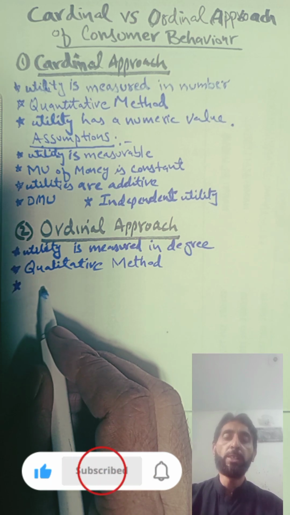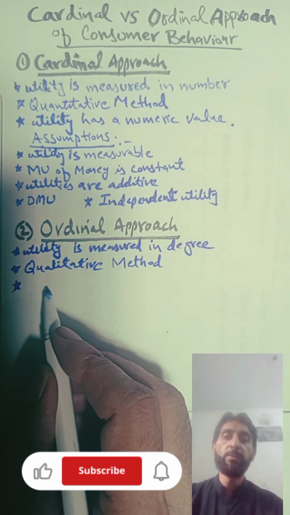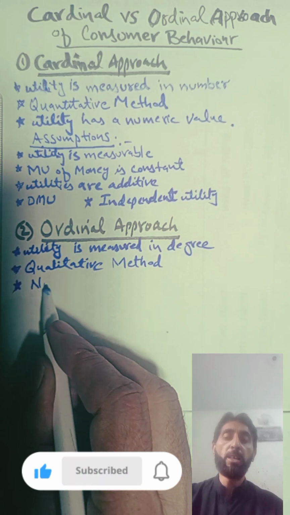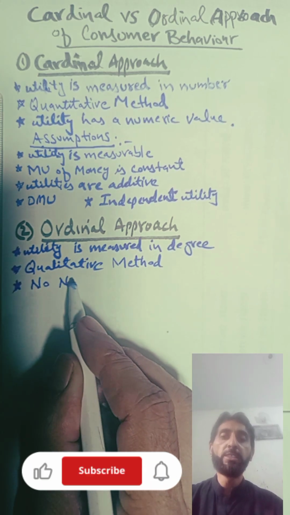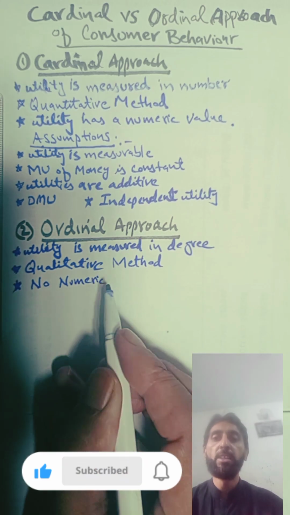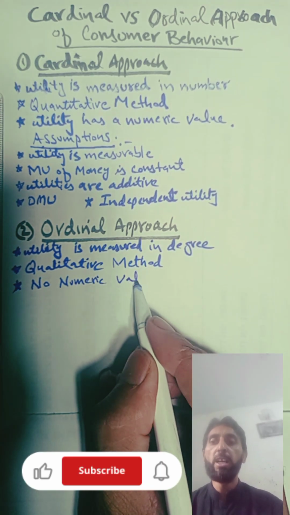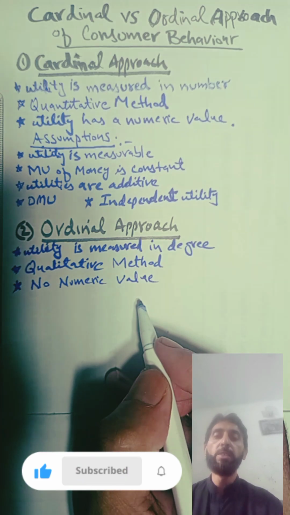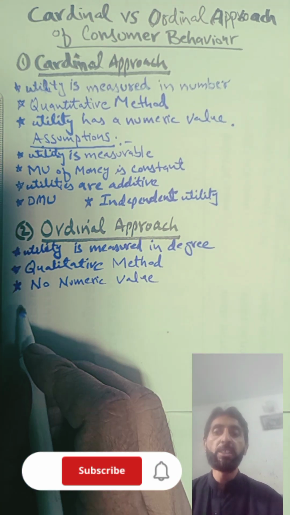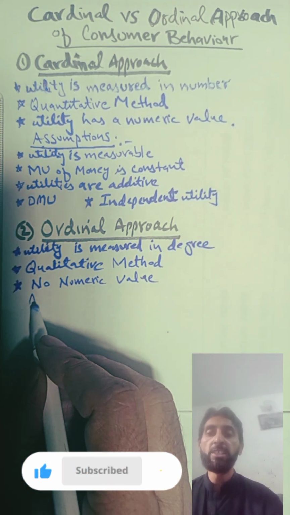Now we move towards the assumptions of the ordinal approach. First one is rationality. In this approach, we assume the consumer is rational.